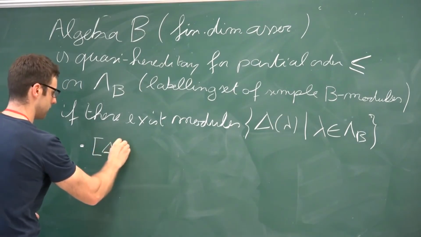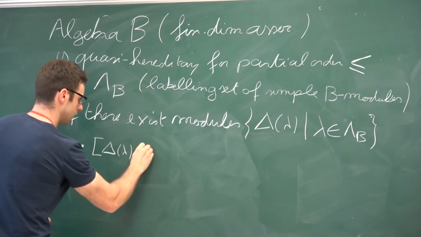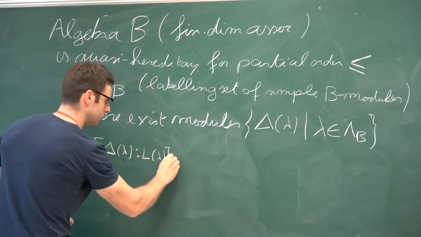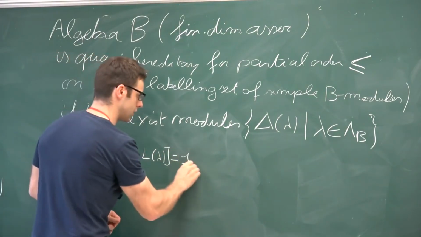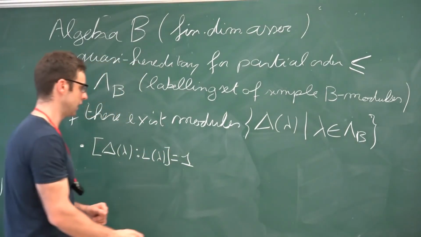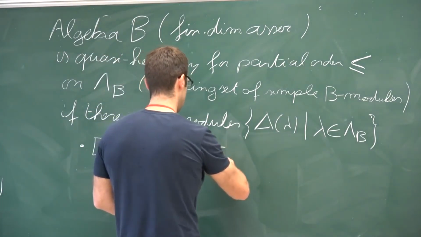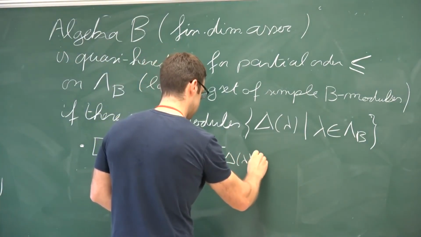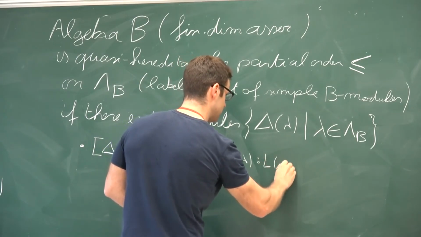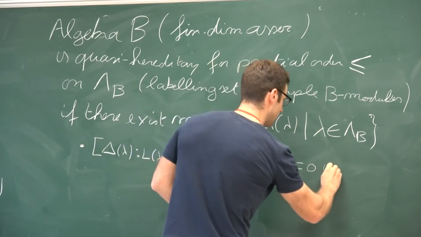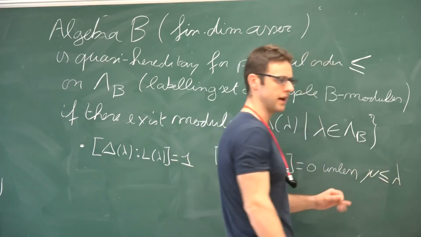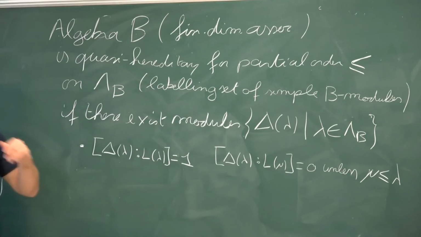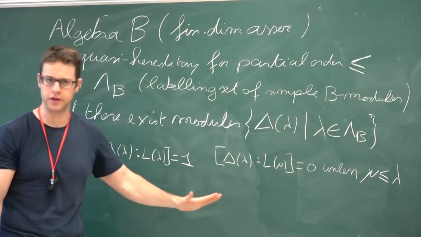The simple module should appear as a subquotient precisely once in the corresponding standard module. And all other simple modules which appear in the standard module must be bounded by lambda in the partial order. So this simple appears once and everything else is lower in the partial order.